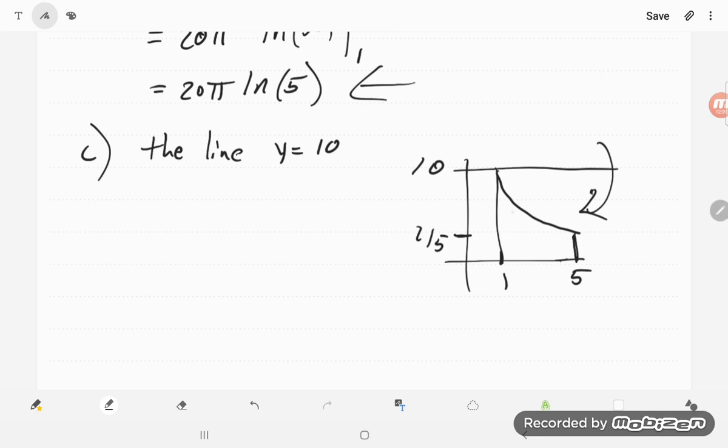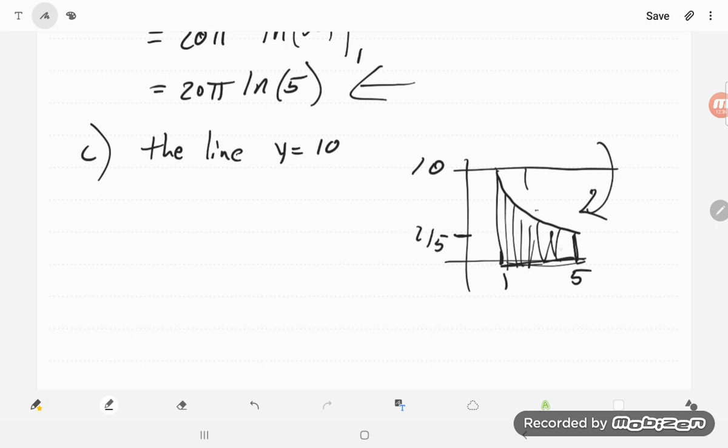So if I do disks, I get to go perpendicular to y equals 10. And so I go like this. I have an outer disk and an inner disk here that I have to subtract then. But not too bad because I get to use my 10 over x squared. I get to go along the x-axis.